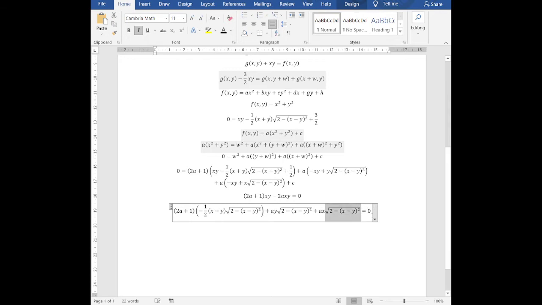Let's rearrange quickly. So, for starters, we can note that we've got an x plus y here, which was what I was relying on. Because that x plus y then means that we can divide this entire thing through by this term, because our only terms in x and y occur there and there.